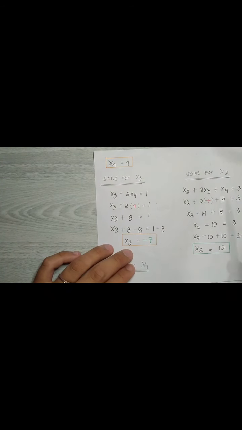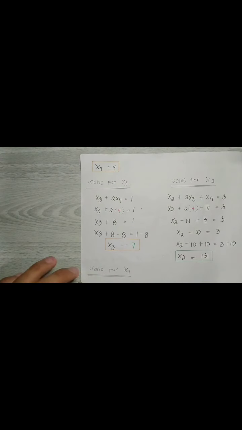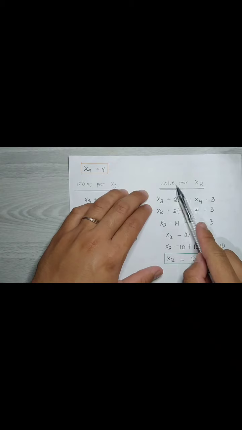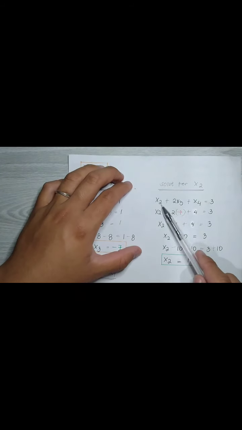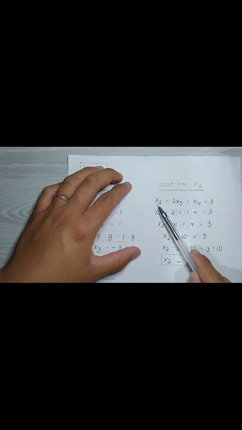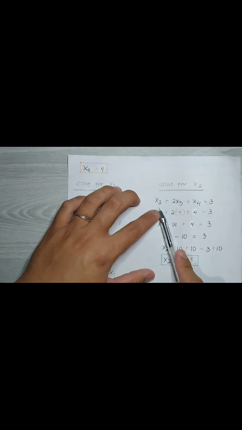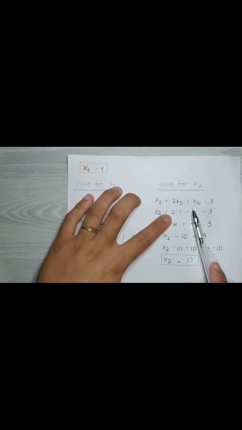And we already found x3. Next, we need to find x2. To find that, we need to copy row 2. And row 2 is x2 plus 2x3 plus x4 is equal to 3.